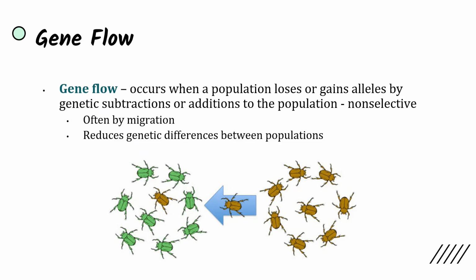For instance, if this brown beetle migrates over and joins our green beetles over here, then now the genes of this brown beetle have been introduced into the population, and as reproduction begins, this population is going to start looking more like the population of brown beetles. So genes have been added to the population, but this was completely random. This is just migration that occurred. The beetle just decided to go join its new population.